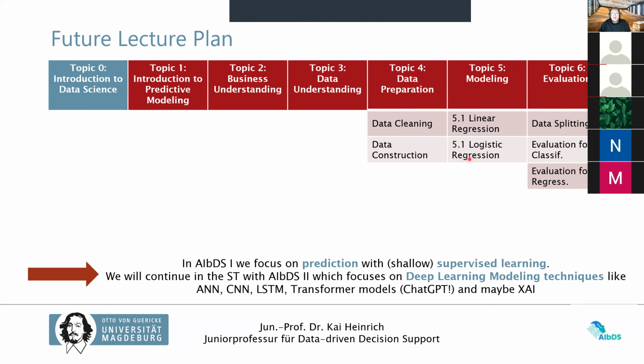So we're going to shift the whole neural network thing. We'll deal with neural networks, deep learning networks, in AI BDS2, so that we can finally explain to you how ChatGPT works, and then maybe do a little explainable AI, addressing one of the problems of AI. And of course, we will talk about evaluation. So how do we actually evaluate this?